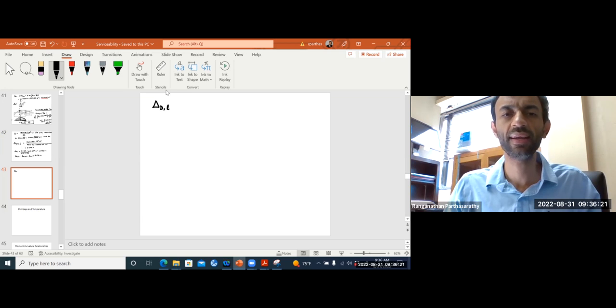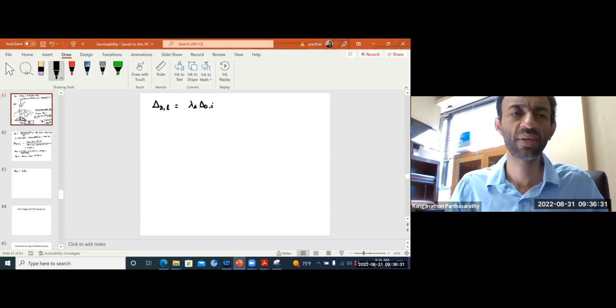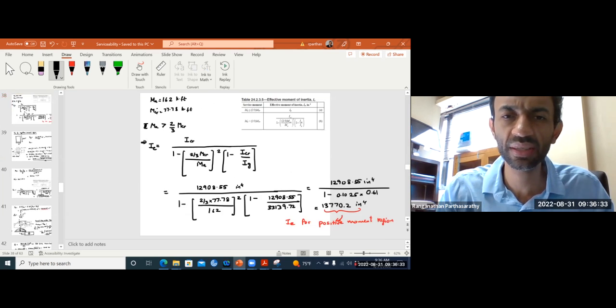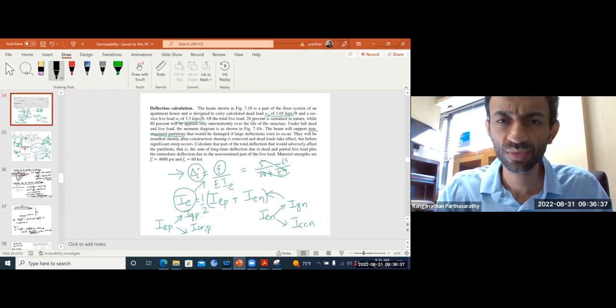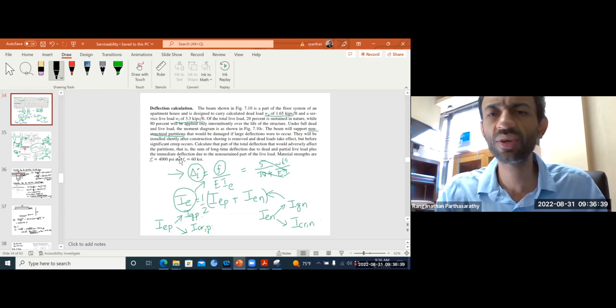Let delta D L be the factor lambda delta times delta D I, right? So now we need to look up lambda delta. So this is after how many years? It is just not mentioned.